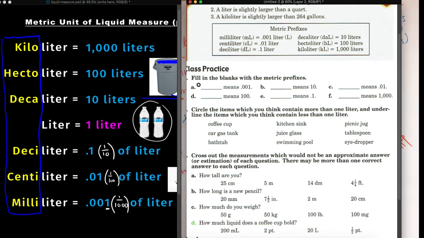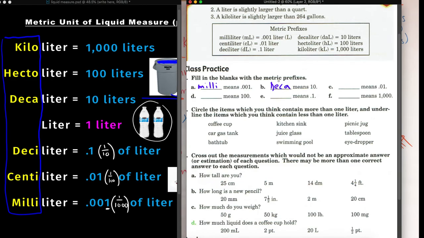So right here, I would write milli. Next one, which metric prefix means 10, having times 10 of my base unit? If you look here, deca means 10, right? 10 liters. So deca means 10.